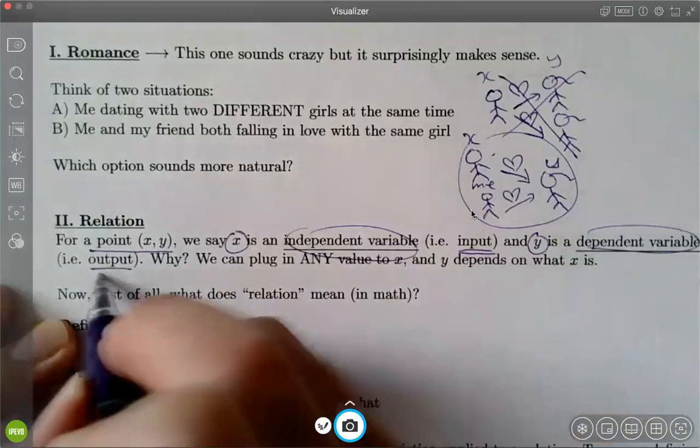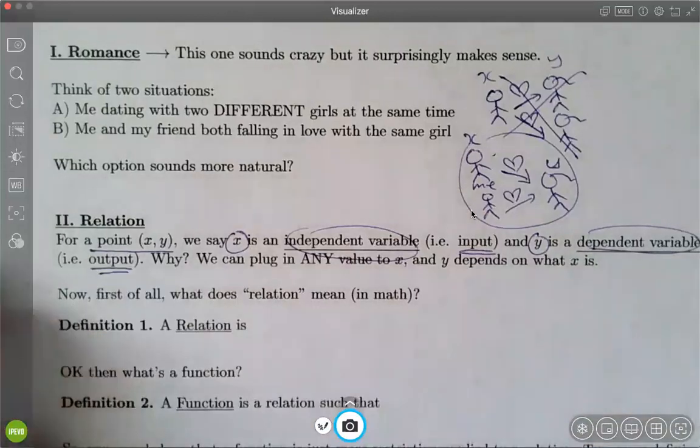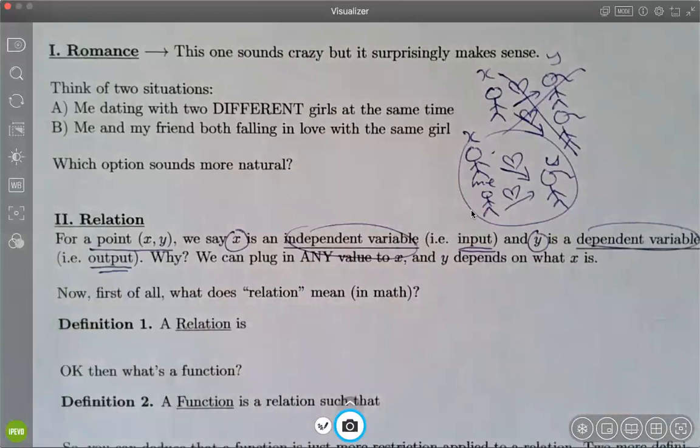And what's the reason? Because normally people plug in numbers to x, and you can plug in any number. However, y depends on x in the sense that if you change what you plug into x, the y value also changes. So that's why y is called the output, but it depends on x. But x is independent, and normally we plug in numbers to x, so that's why x is called the input.